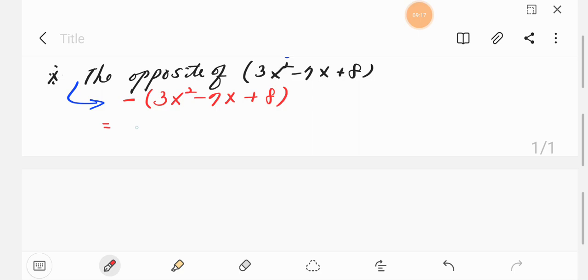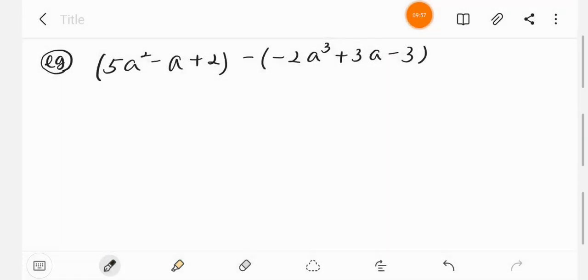So 3x squared will become negative 3x squared, and negative 7x will become plus 7x. And plus 8 will become minus 8. Can you see it? When there is a negative sign in front of a parenthesized polynomial, just change the sign of each term inside the parenthesis. This is really important.